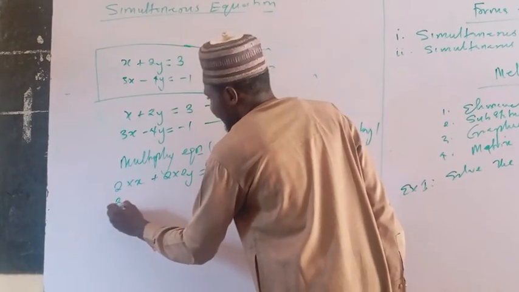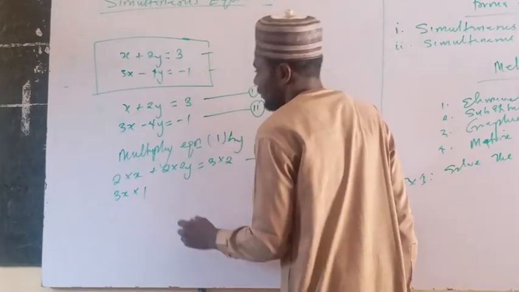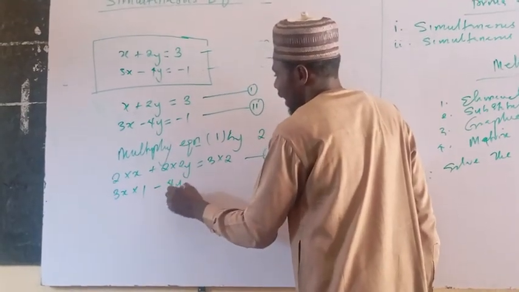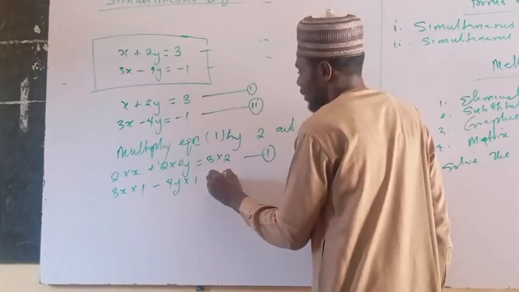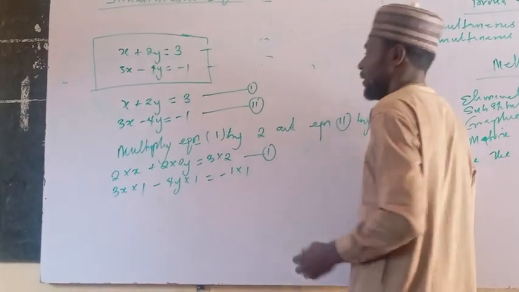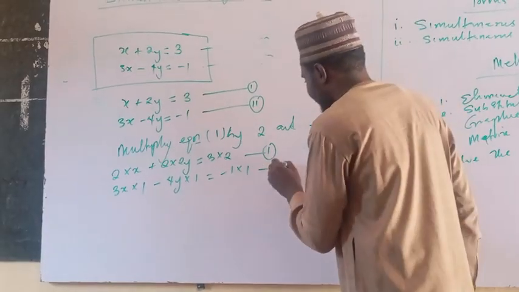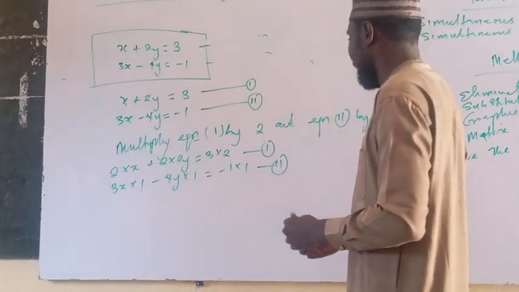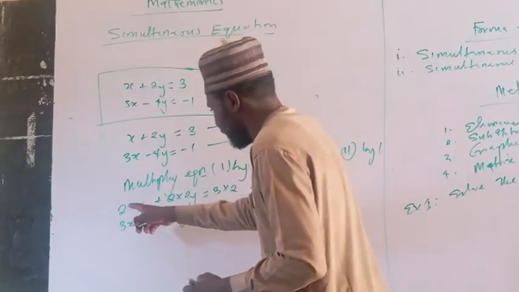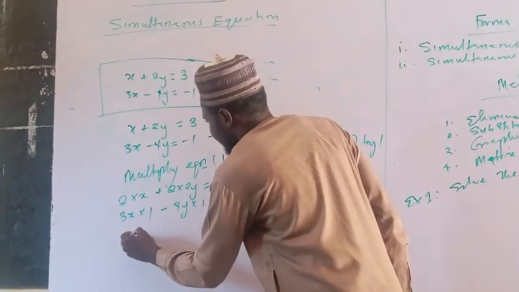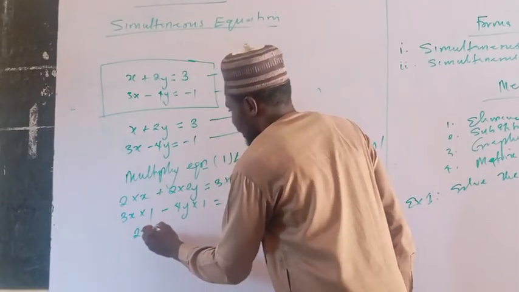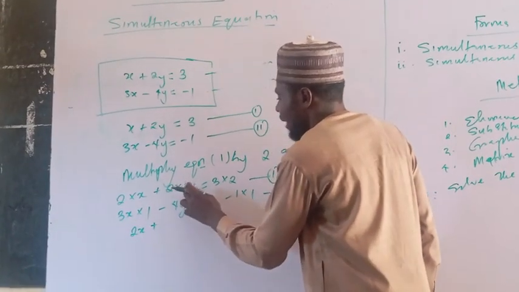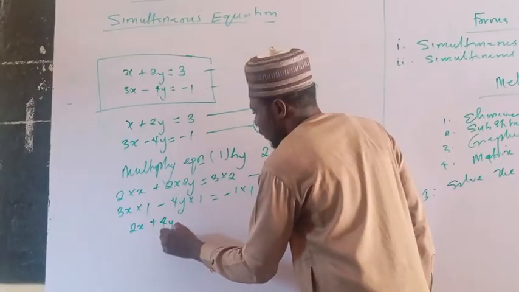Then 3x times 1 minus 4y times 1 is equal to minus 1 times 1. To the equation 2, now we multiply by 1. Now, 2x, 2 times 2x is 2x. Plus 2 times 2y is 4y.